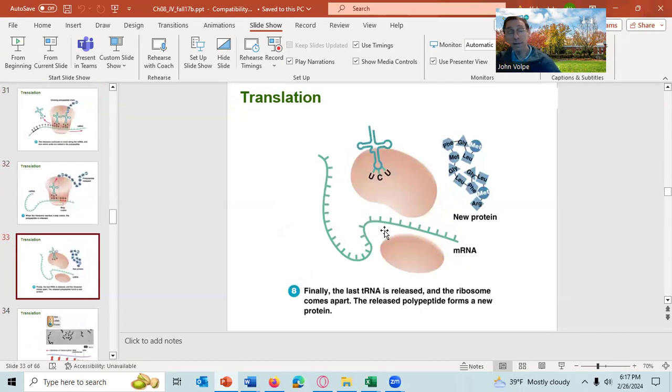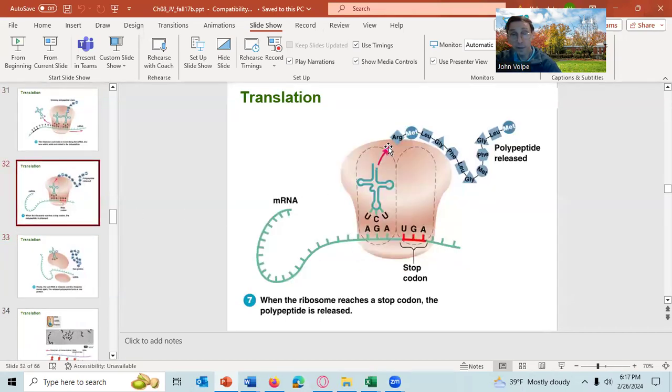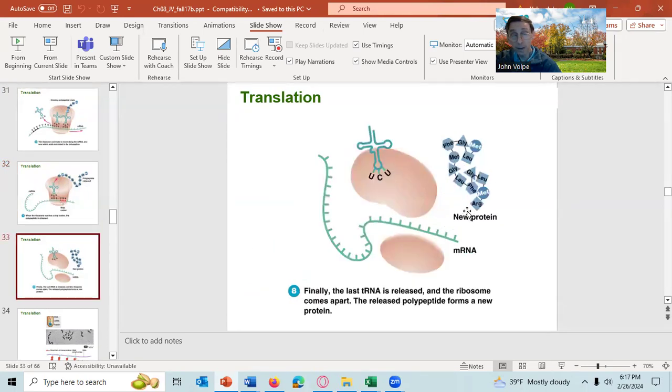When that happens, the protein, which previously was only in the primary structure, all it was was a sequence of amino acids, the sequence of amino acids will then start interacting with each other, and you'll very quickly get the second level of protein structure happening.